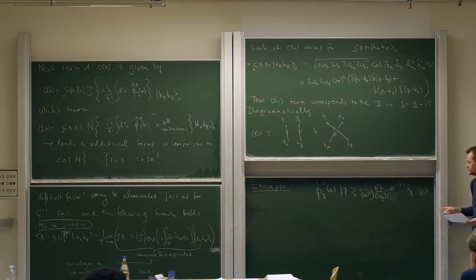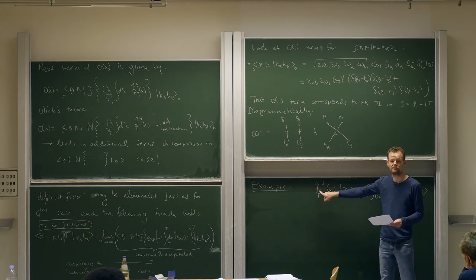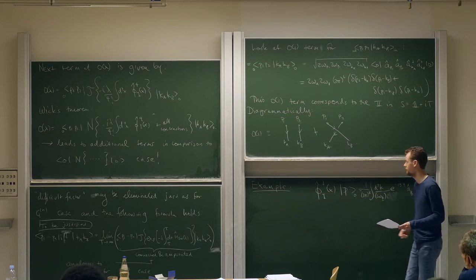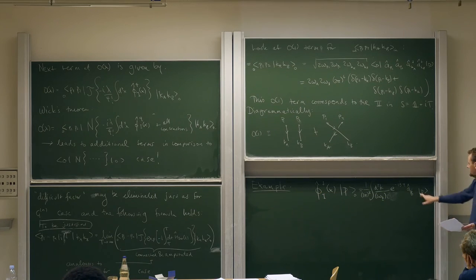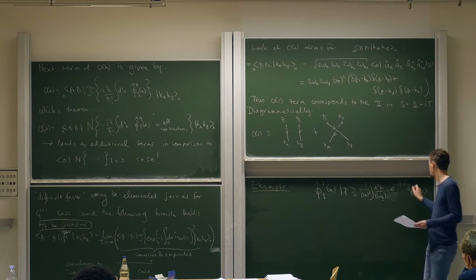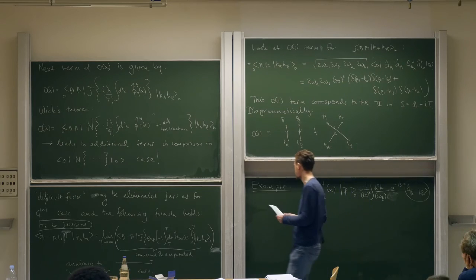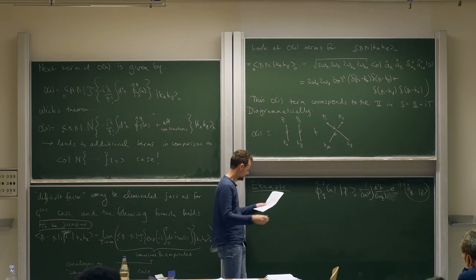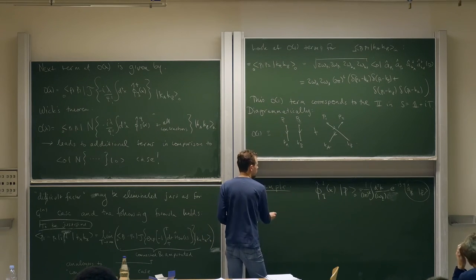It looks like this. I've just substituted in the formula we have for the positive frequency field operator in the interaction picture. And then we've got a_k applied to P. That turns out to be quite nice because we know what P is.